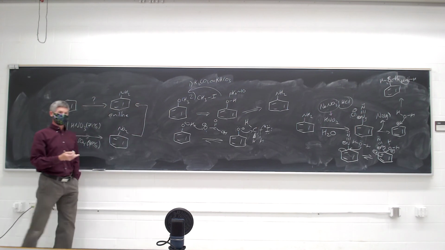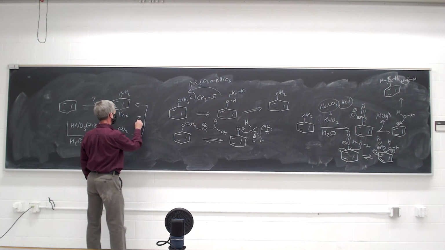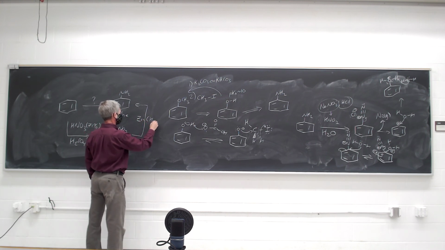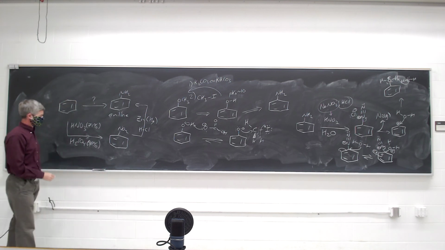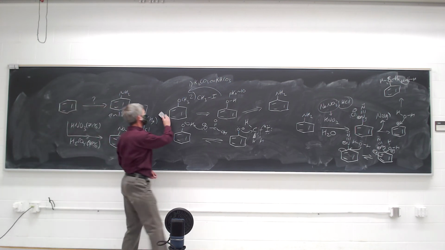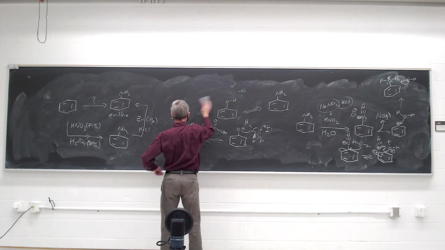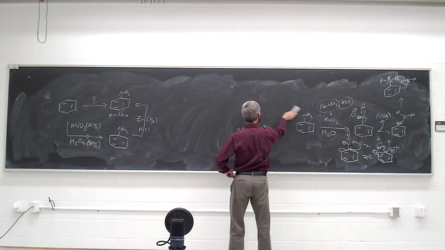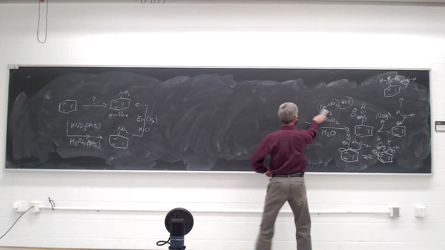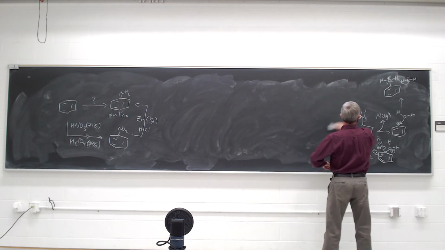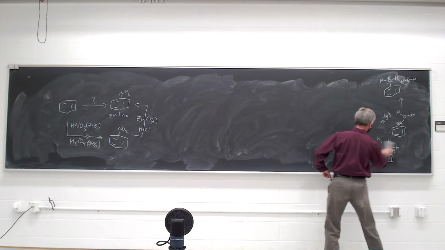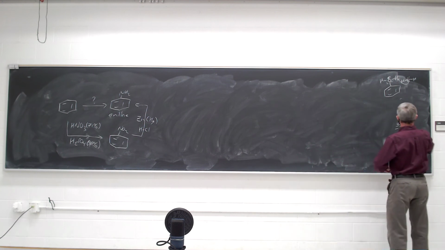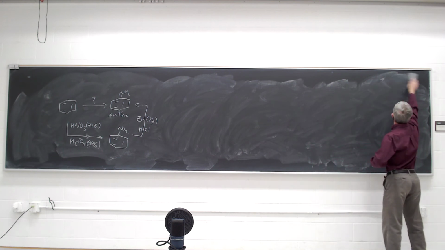And there are various ways that you can do that, including the Clemmensen reduction with zinc amalgam in the presence of HCl. So now we have the whole synthesis. Right?